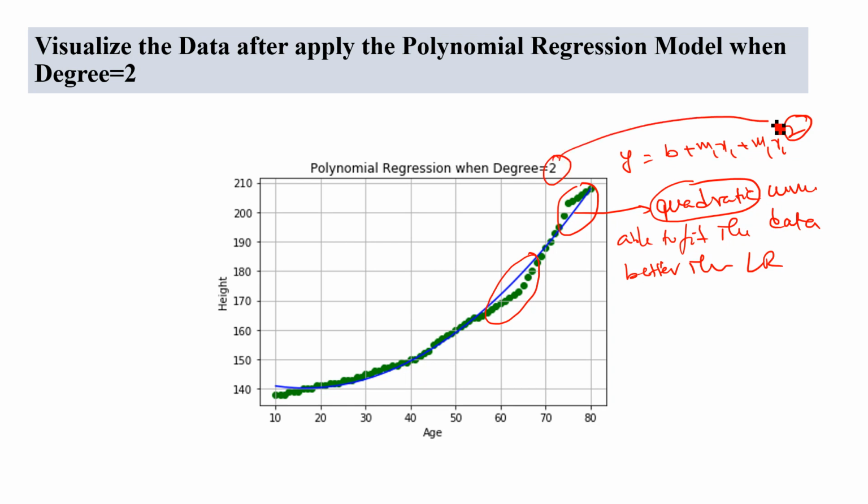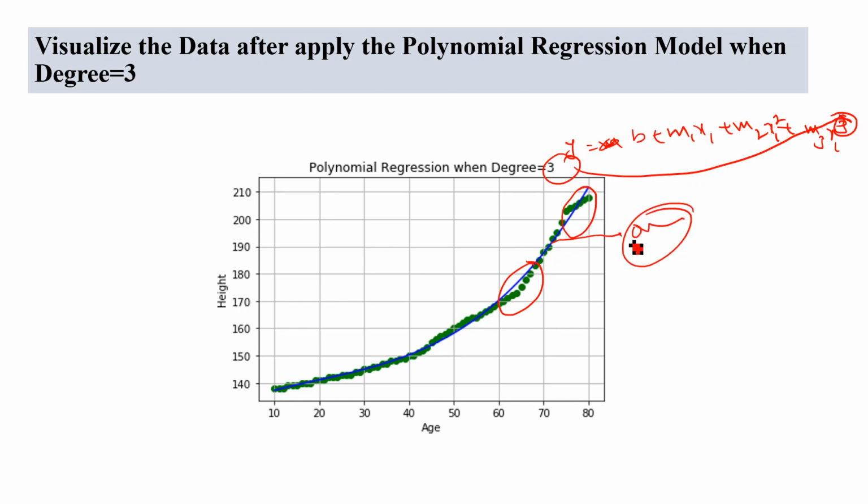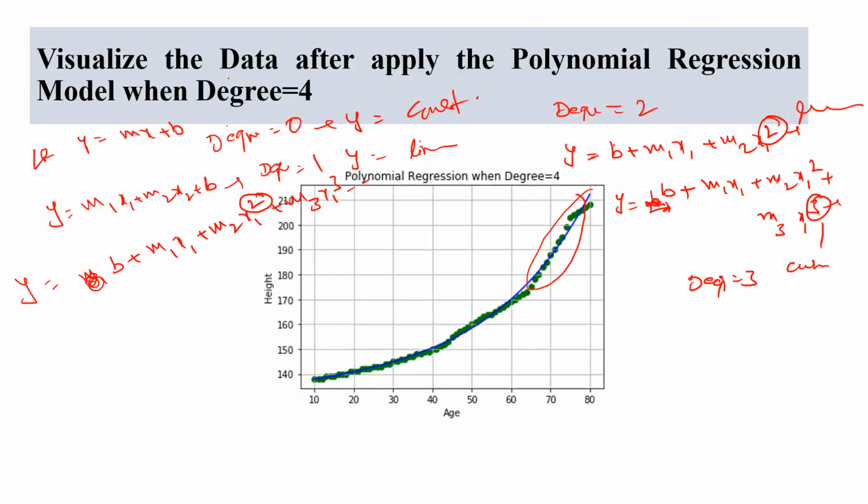Whenever degree 3, y is equal to b plus m1 x1 plus m2 x1 square plus m3 x1 cube, this is degree 3, like that. Whenever you increase the degree, the accuracy may be increasing. But if you continuously increase the degree, at one point the model is capturing every data point, and it leads to overfitting. So this is the concept of polynomial regression.